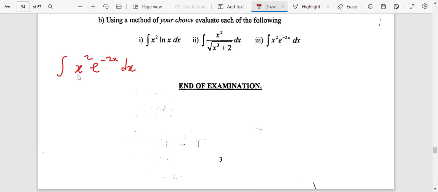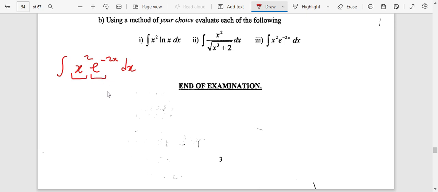You can also use integration by parts when you see a product. It's more like the product rule for differentiation. So by parts is an integration method which is similar to the product rule when you are differentiating. So whenever you see a product, think of by parts. At times substitution can also be used.